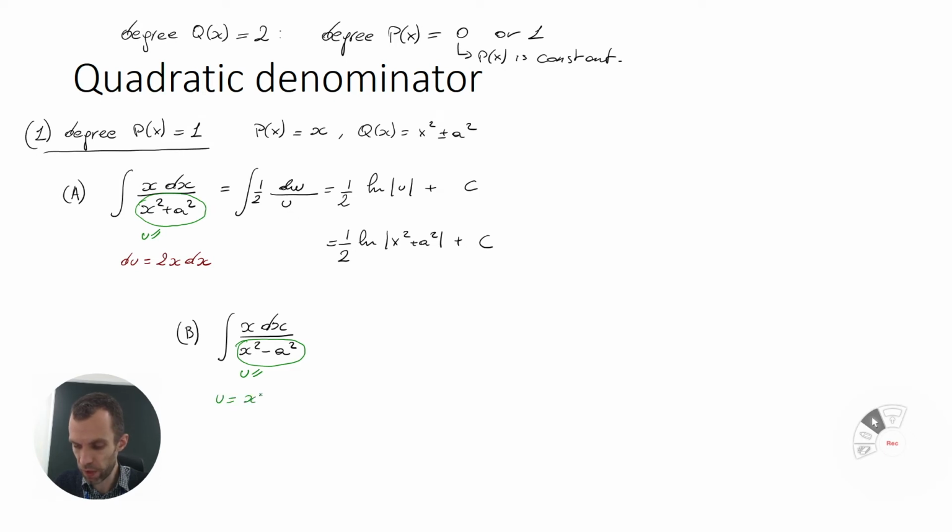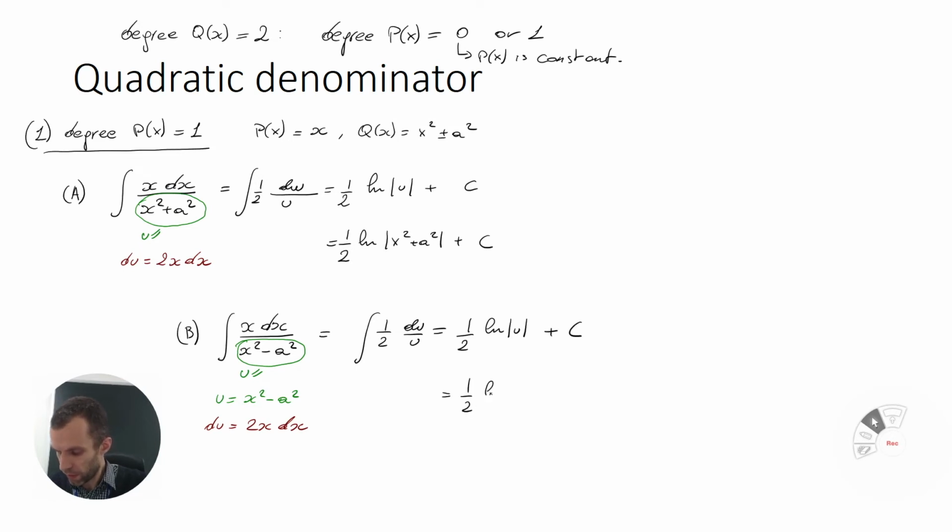So we have u is x squared minus a squared, and then du is 2x dx. And so then the integral becomes the integral of 1/2 du over u, just as before, and that is 1/2 ln of the absolute value of u plus c, which is 1/2 the logarithm of the absolute value of x squared minus a squared plus c. So here you do need the absolute value signs because x squared minus a squared can become negative.